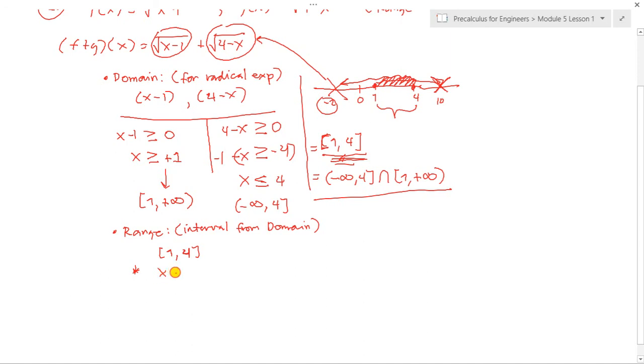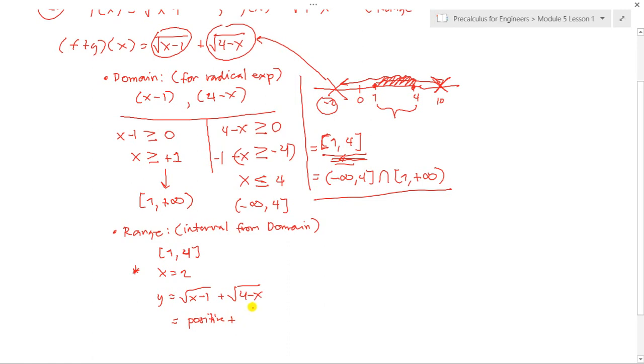So let's say I have here x is equal to 2, then plug that in our equation, which is y is equal to the square root of x minus 1 plus square root of 4 minus x. So here 2 minus 1 is 1, so therefore the answer is a positive number, positive.